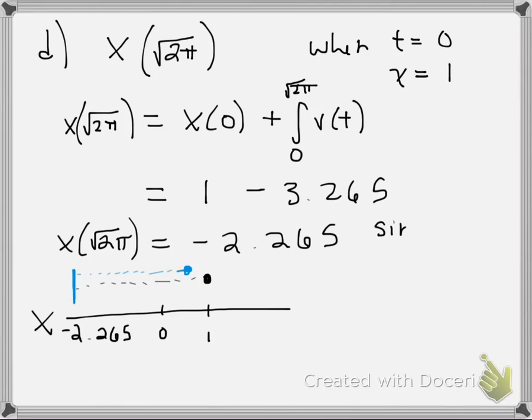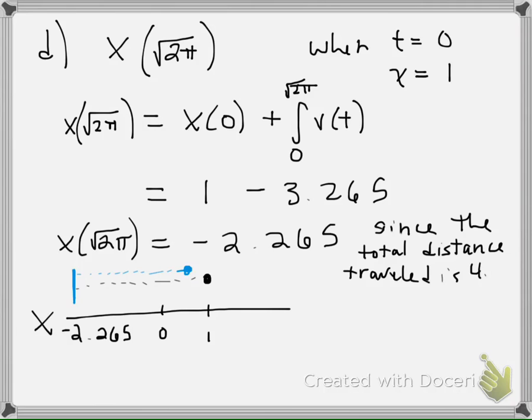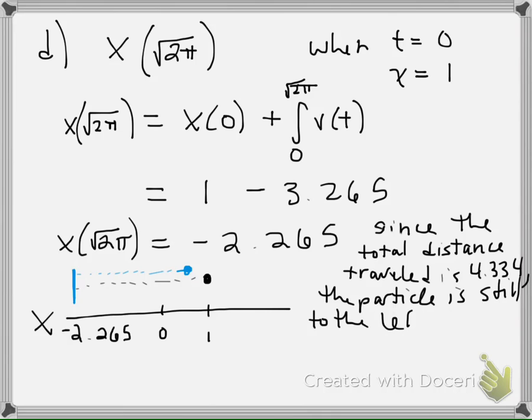So we are going to write, since the total distance traveled is 4.334, the particle is still to the left of the origin when t equals 3.